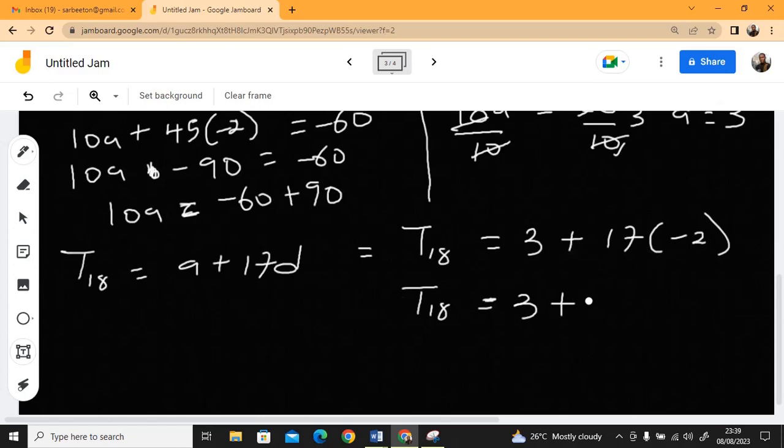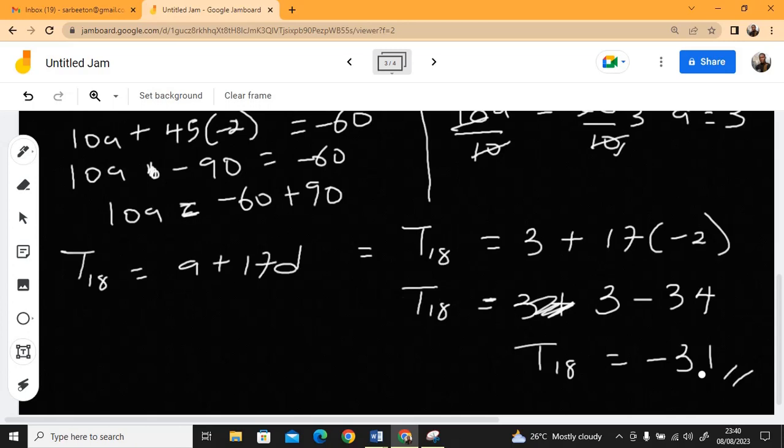Plus times minus is minus, 17 times 2 is 34. 3 minus 34, so my T18 equals minus 31.